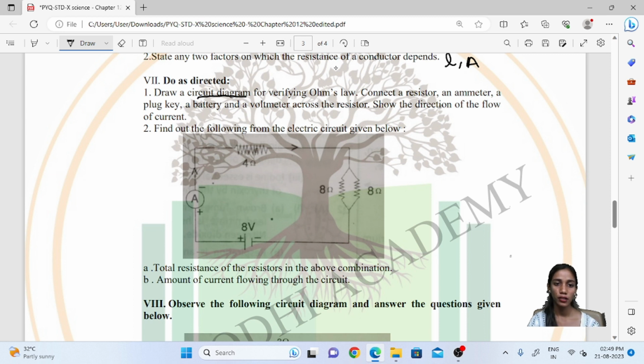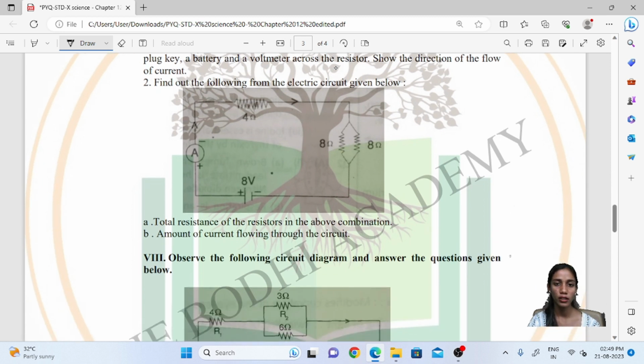Now find out the following from the electric circuit given below. So this is the electric circuit. Pay attention to the circuit. You have to find out these two things. The first thing is the total resistance of the resistors in the above combination. So first of all, pay attention to the connection.